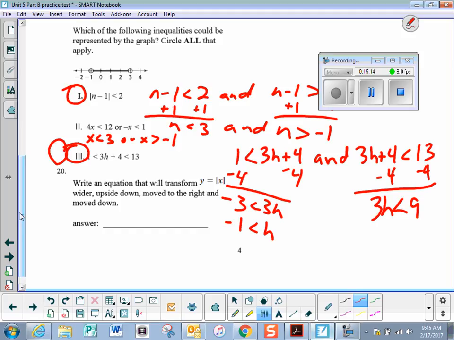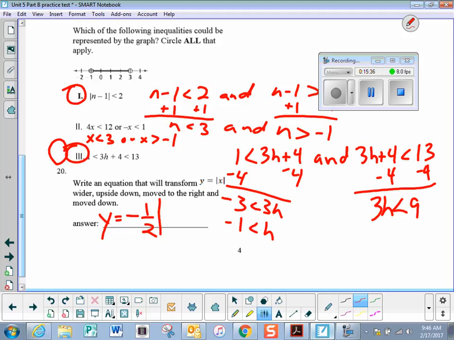Write an equation that will transform y equals absolute value of x wider, upside down, move to the right, and move down. So what needs to be true for it to be upside down? Wider: 1/2, a number less than 1. I would have used a half. You could use negative 1/3 or negative 1/4. It doesn't matter, right?